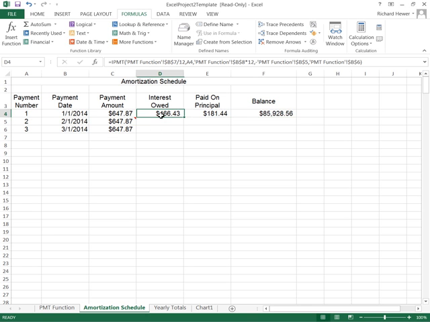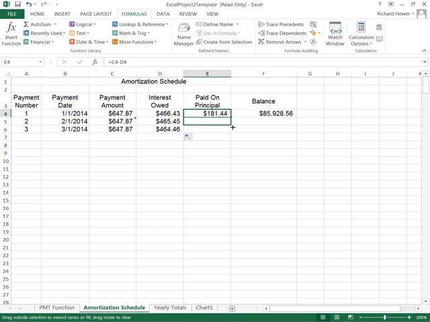Now the interest owed should work if I copy it down. It should go down by about $1, $2, 50 cents, something like that. Mine's going down by approximately $1 every month. That looks fine. So then that means this should be going up by $1 every month because this is always consistent.